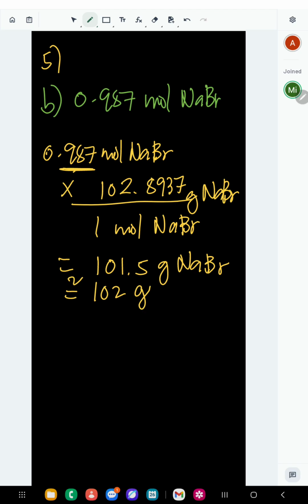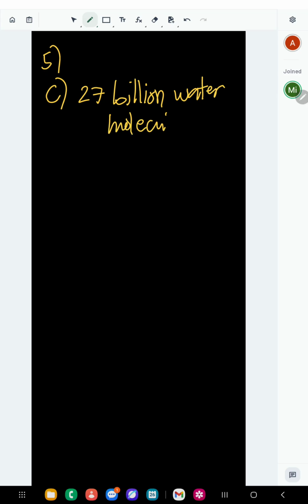And then for the next one, 27 billion water molecules. How do you convert that? 27 billion. Okay, you can write that in scientific notation first. Notice here that we're given molecules. We convert this to grams. So that means we convert molecules to mole first.